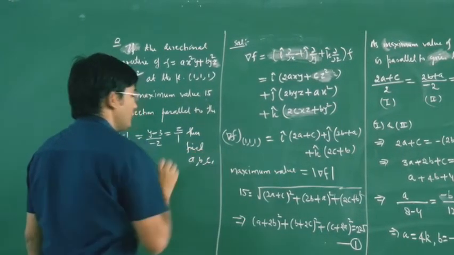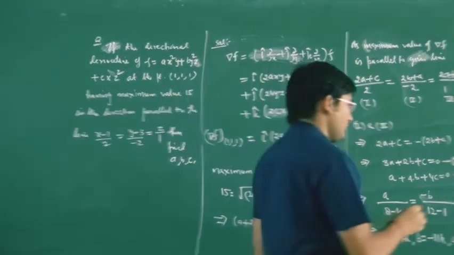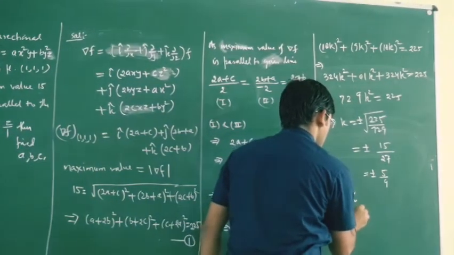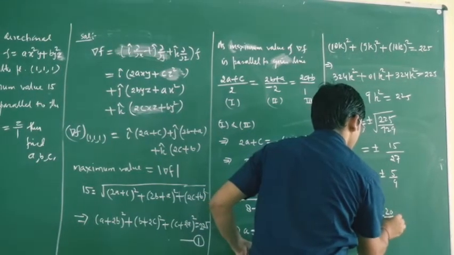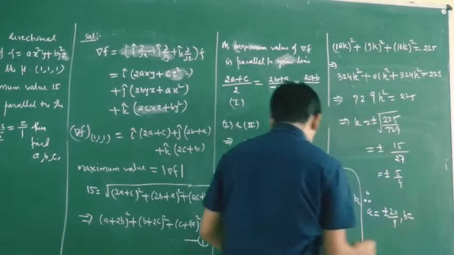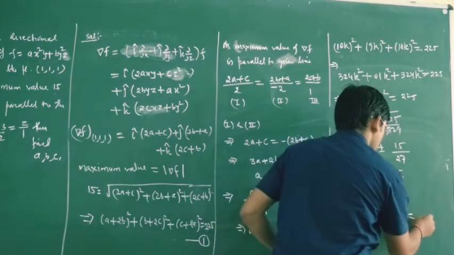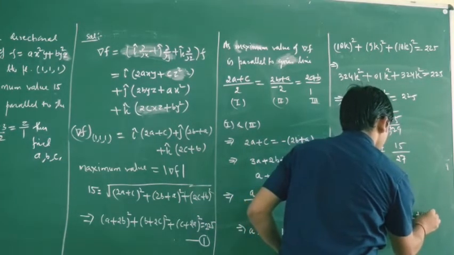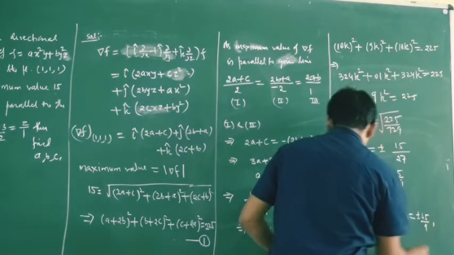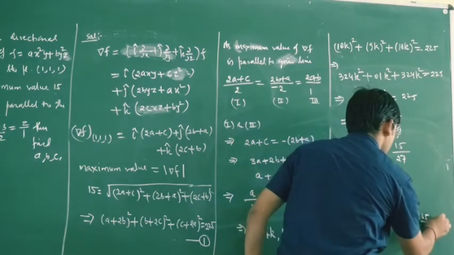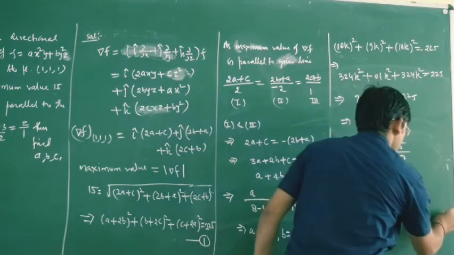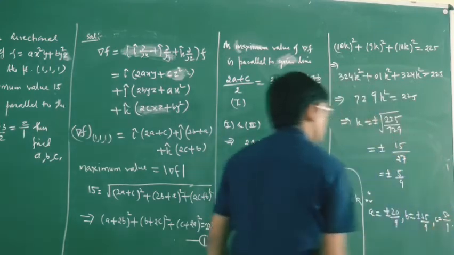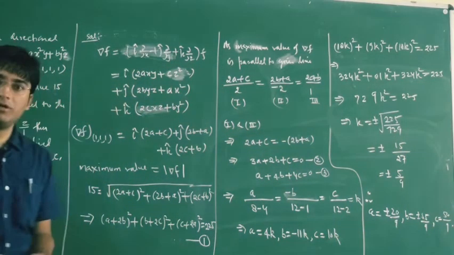So our a is equal to 4 times k, which means plus minus 20/9. Your b will be equal to minus 11 times k, so this will be plus minus 55/9. Your c will be equal to 50/9. So these are your a, b and c.